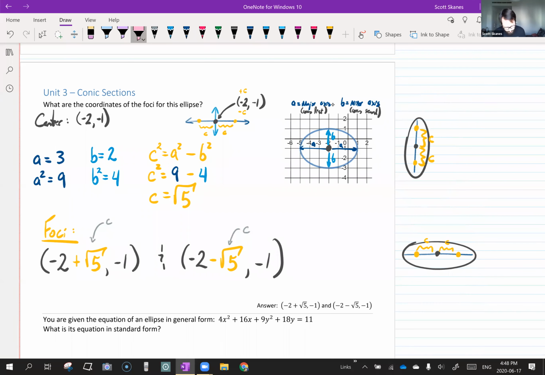When we did the focus here, we had to add c to the x values. If it was vertical, you would add c to the y values instead. Don't write this down, but if it was vertical, you would keep the x value and you'd have -1 plus root 5. You would have to add it to the y value instead, not the x values, because of the long axis. This is how it changes in the solution.